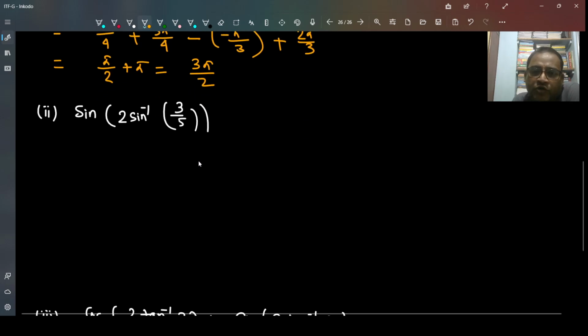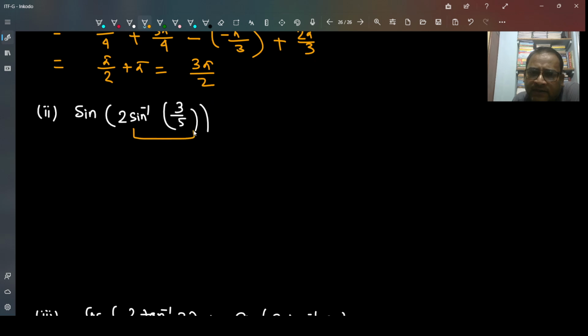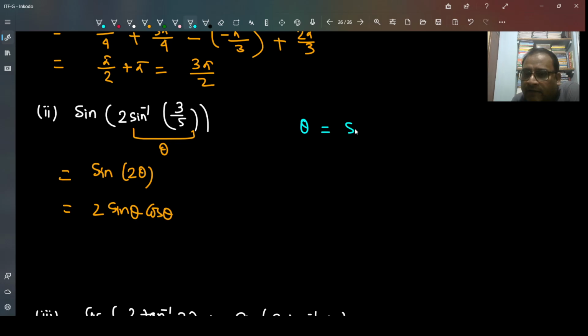When you have this type of question, how to find the value? You know that sine inverse of 3 by 5 is nothing but theta. So you can write sine of 2 theta. We know the formula of sine 2 theta, which is 2 sine theta cos theta. And what is theta? Theta is the sine inverse of 3 by 5, so sine of theta gives the value 3 by 5.